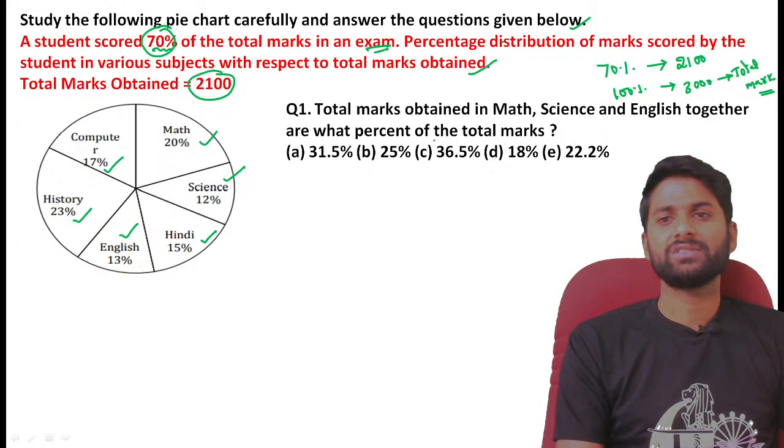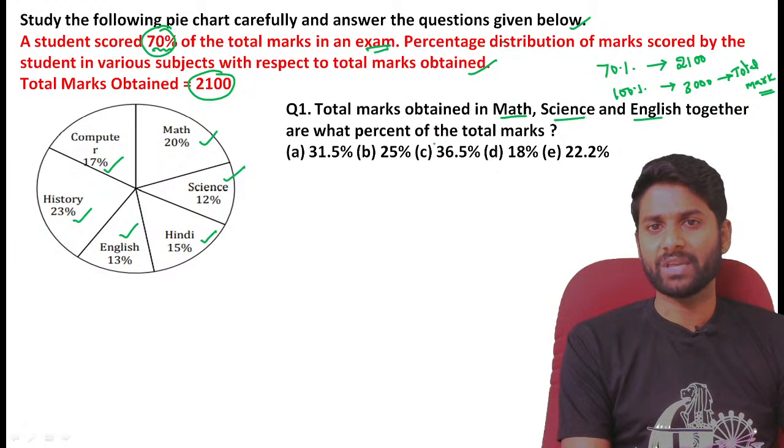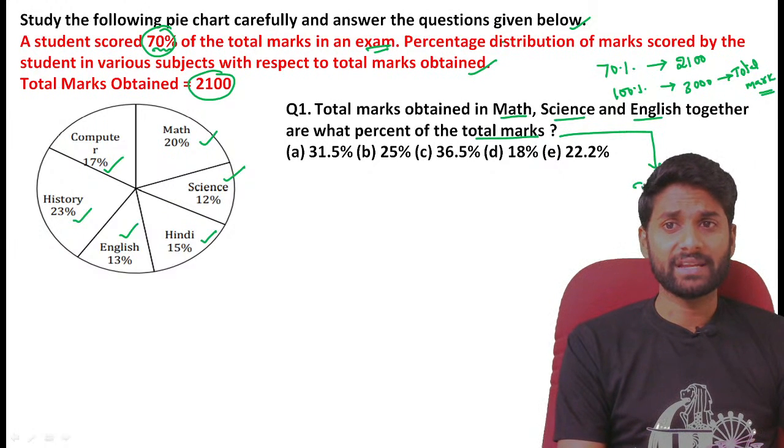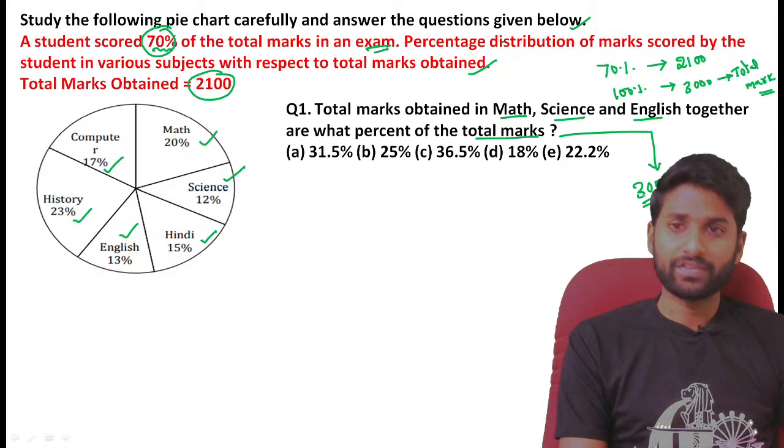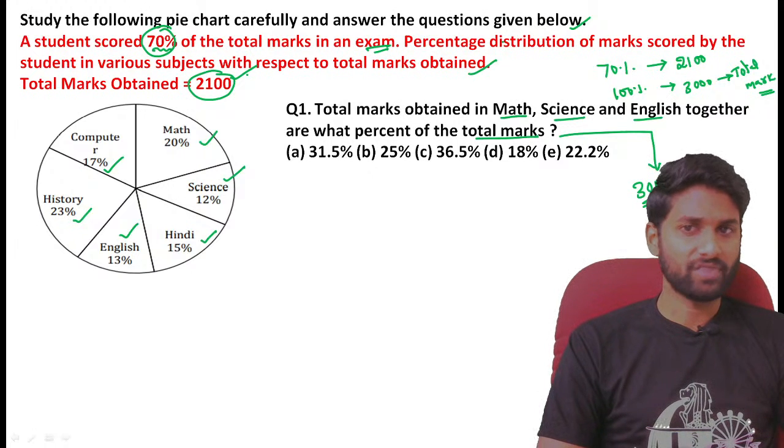Now, based on that sheet, just go through the question. The total marks obtained in maths, science, English together is what percentage of total marks? First of all, the total marks we already know. What is the total marks? Exactly 3000. Out of 3000, the total marks obtained by that person is exactly 2100.